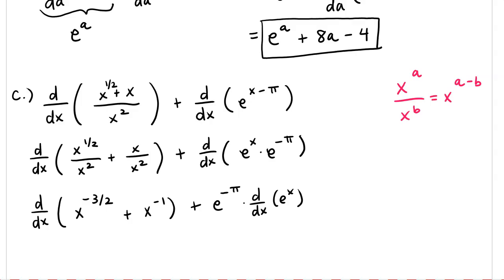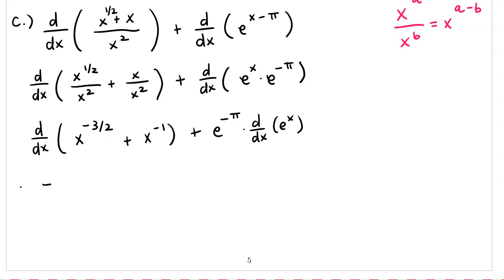So let's go ahead and use the power rule. This will be equal to negative 3/2 x to the negative 3/2 minus 1 would be negative 5/2. I'm going to bring down my power and then subtract my old power by 1 to get negative 2. And then plus e to the negative pi times e to the x.